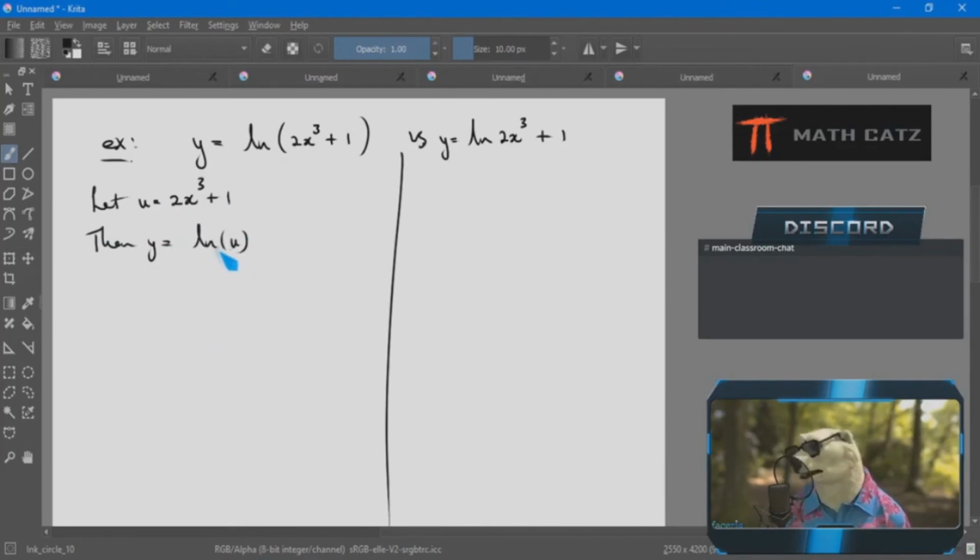Totally fine, doesn't matter. This is just a name. I can never have it on its own. It is meaningless on its own. It needs to be applied to something. If that something is a single term, you don't need brackets. But if you want to have brackets, that's cool.